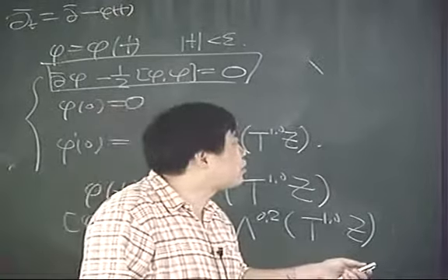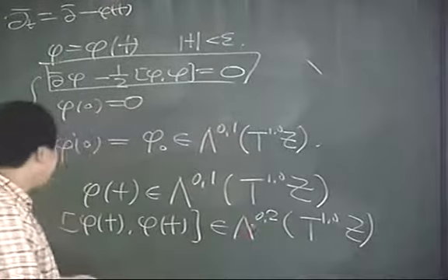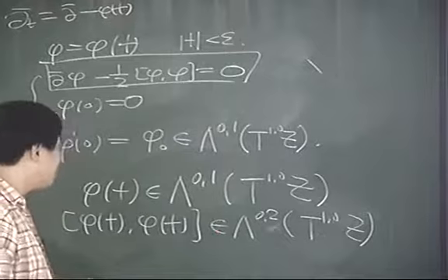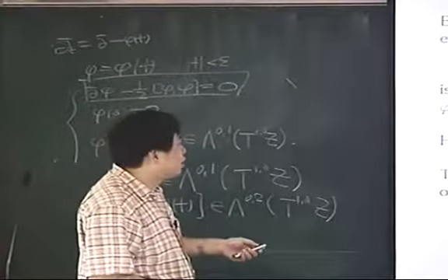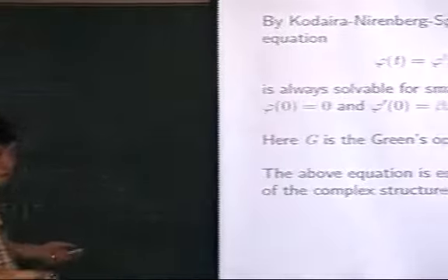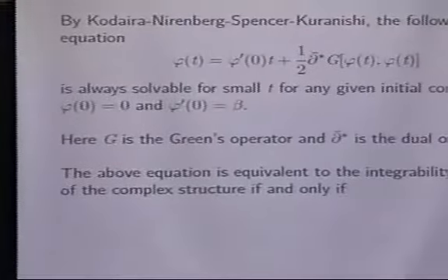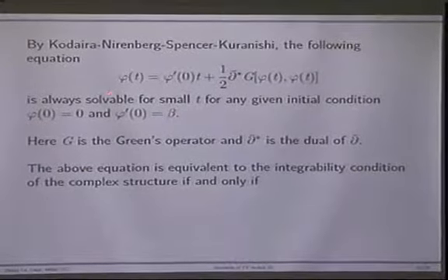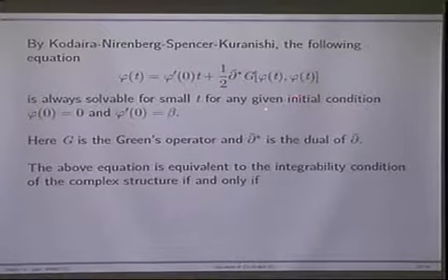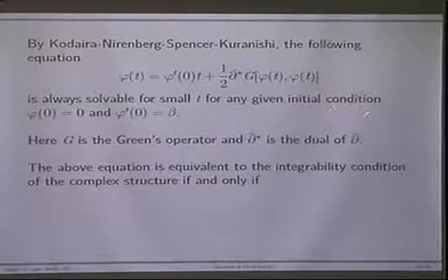This G is the Green's operator for the Laplacian on this bundle, and d-bar star is just the dual of d-bar. So by Kuranishi, we can always solve this equation for t small. This is basically by the power series method. And the solution of this is equal to the solution of that.